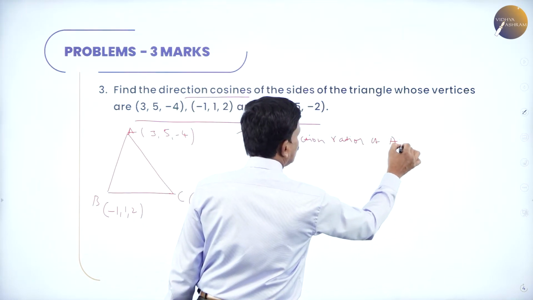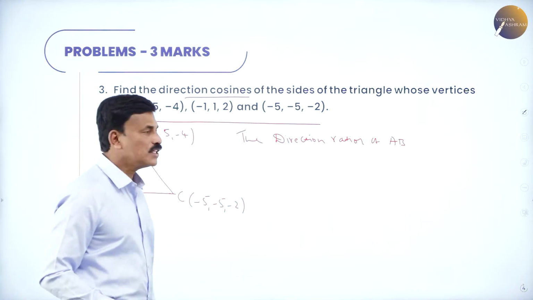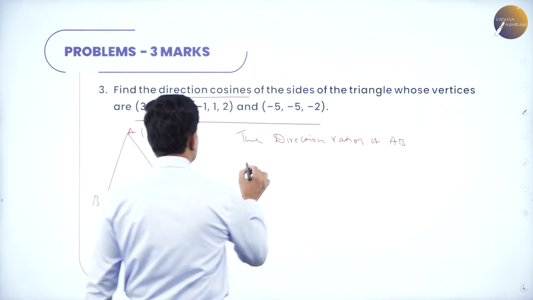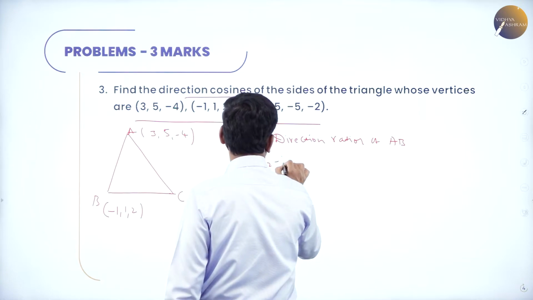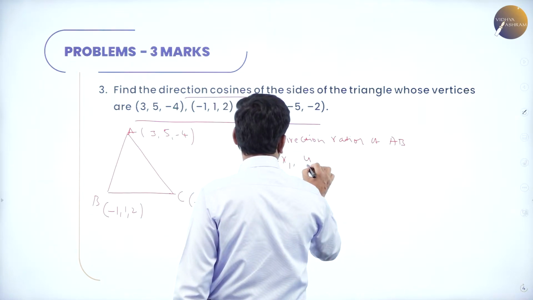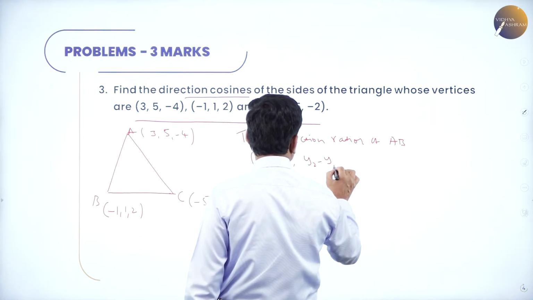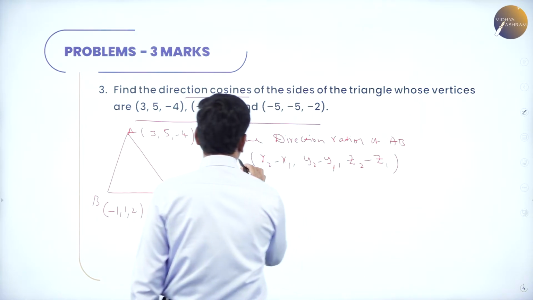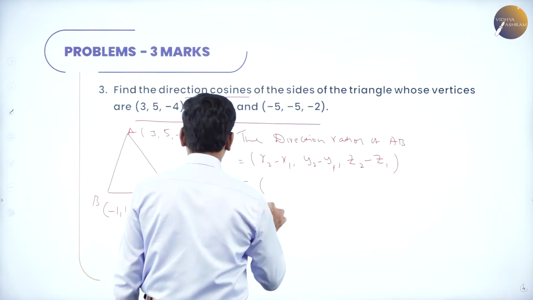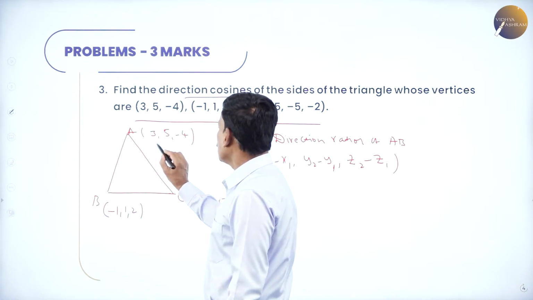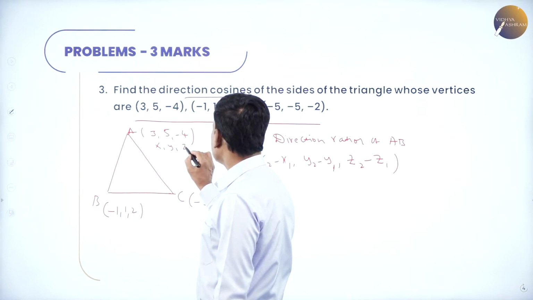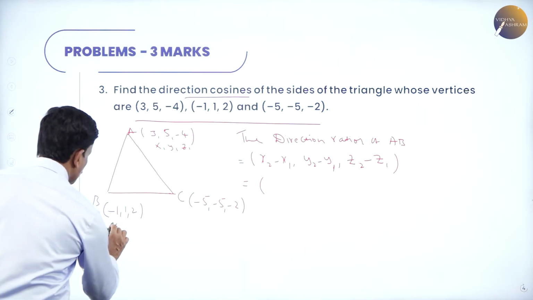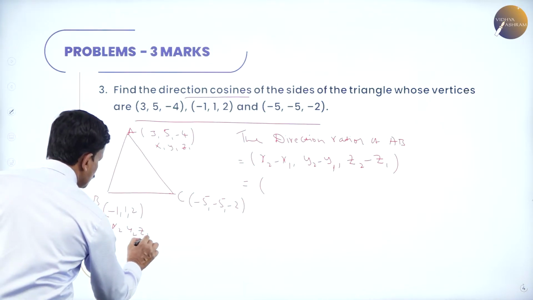The direction ratios of the line AB is x2 minus x1, y2 minus y1, z2 minus z1. This is x1, y1, z1 and this is x2, y2, z2.